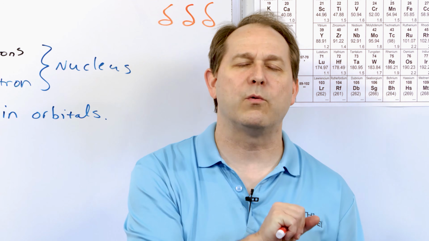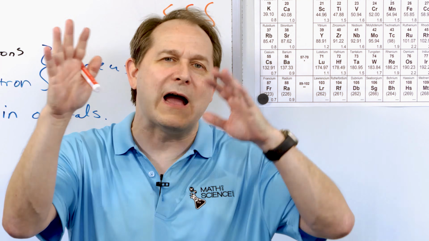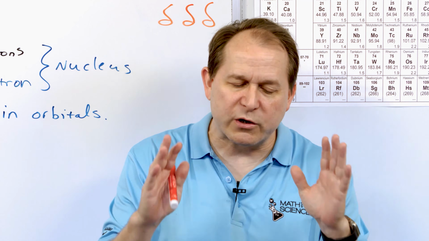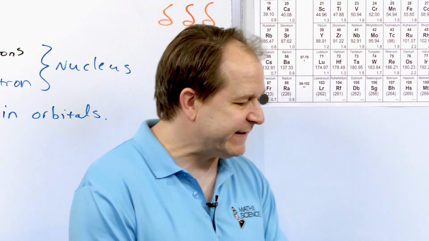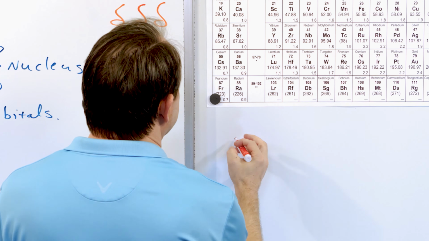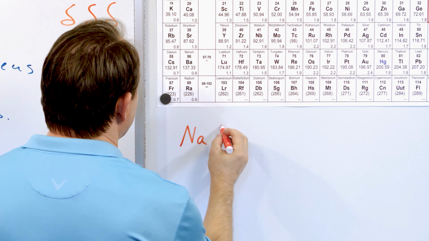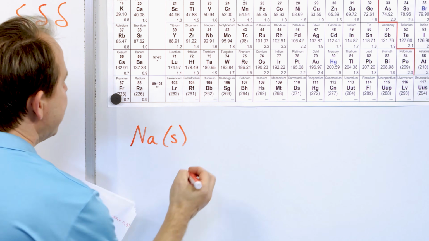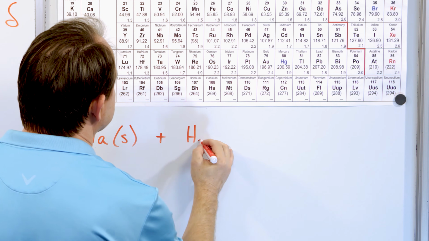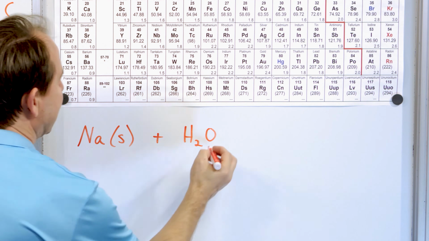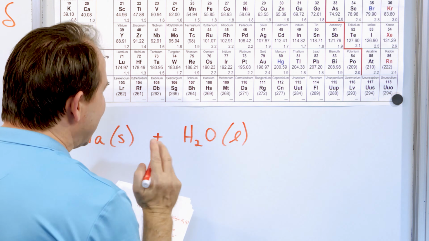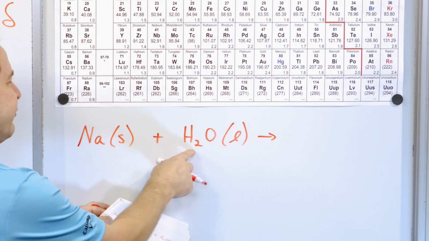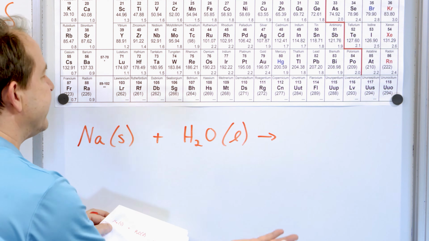So, two more things I want to talk about before we close it off. I've described briefly what's going on, but I want to write down the chemical reaction that we actually see. What happens is we have this sodium, which is a solid metal, and then we add it to the water, right, which is a liquid. And what actually forms is the hydrogen pops off, and then the hydrogen combusts and burns.